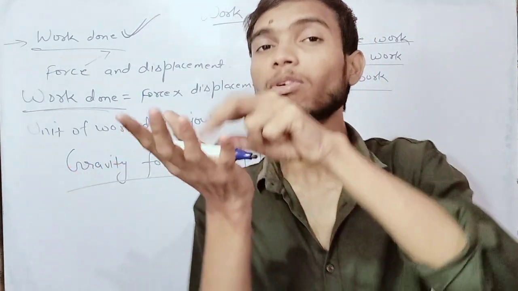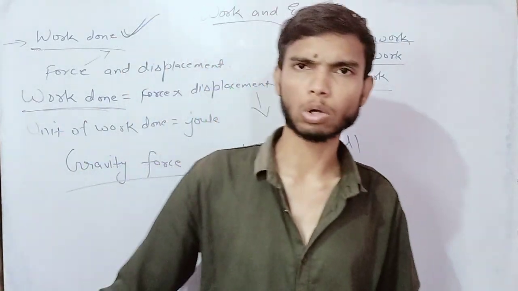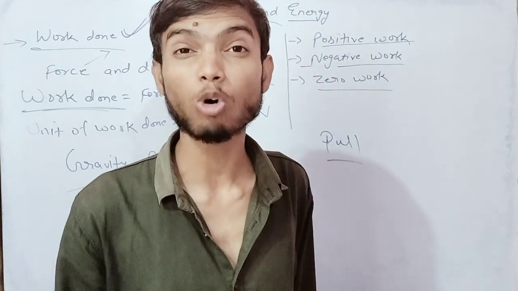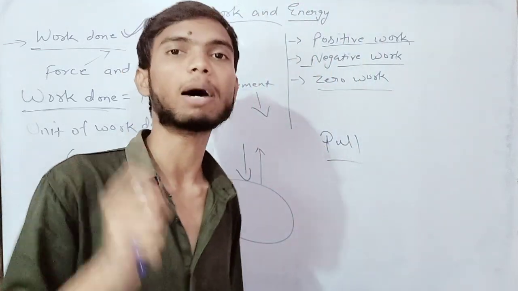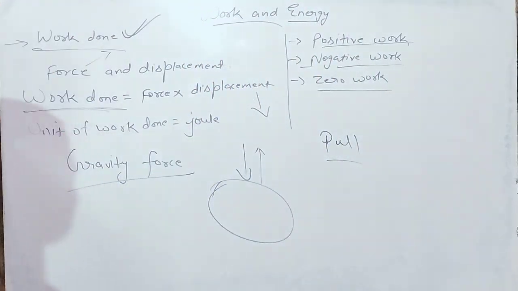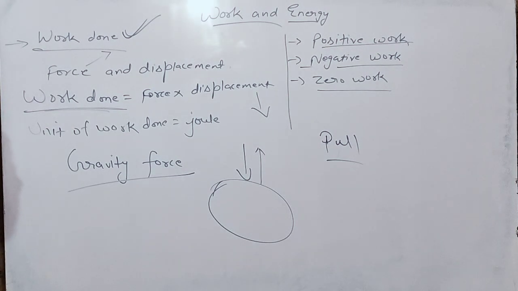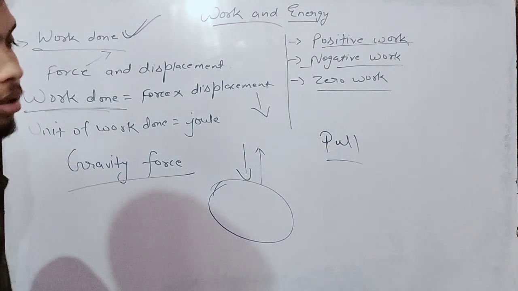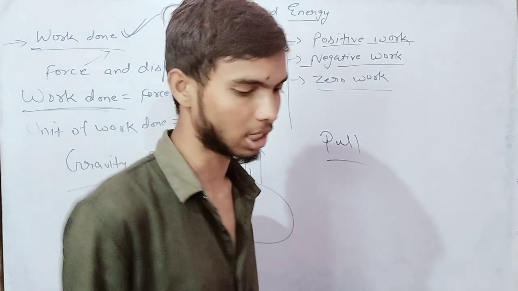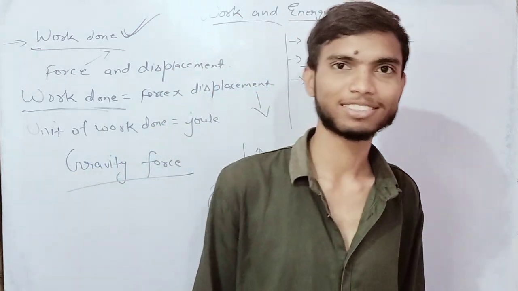If the object is not moving, we can say work done is zero, because the object is not covering displacement. That's why. Clear?